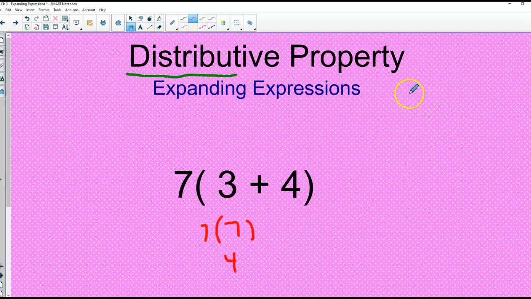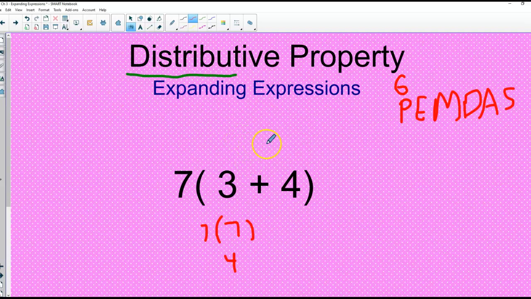We've always been told to follow order of operations, or what we refer to as PEMDAS, or I even talked to you guys about using GEMDAS this year, replacing the P with a G, because we talked about all sorts of grouping symbols: parentheses, brackets, and braces. So we've always been told to do parentheses first. Well, the distributive property comes along and says, yeah, you can do that, but there's another way to solve this problem and get the same answer.